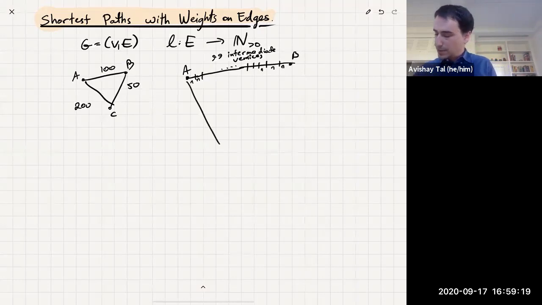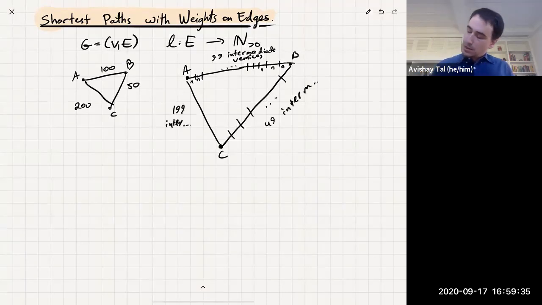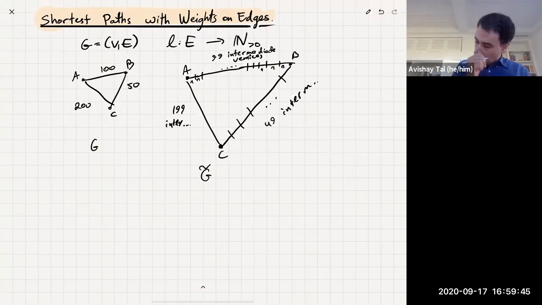And I can do the same thing between A and C, and B and C. So here I would have 49 intermediate, and here we would have 199 intermediates. And now I started from this graph G and I got this graph G tilde. I'm now going to compute BFS on G tilde.